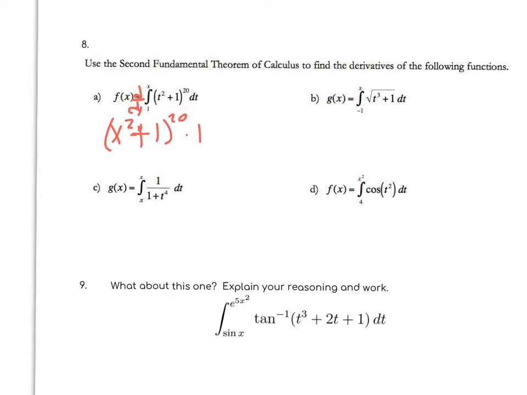For the next one, we're doing the derivative of the antiderivative, and we're doing this with the chain rule. So we're going to have x cubed plus 1 times the derivative of what we're plugging in, which is just 1.